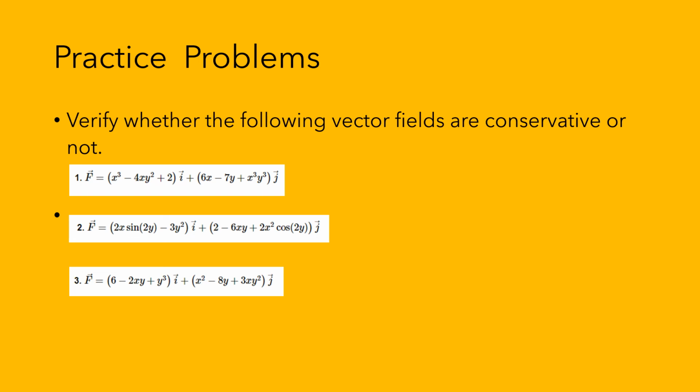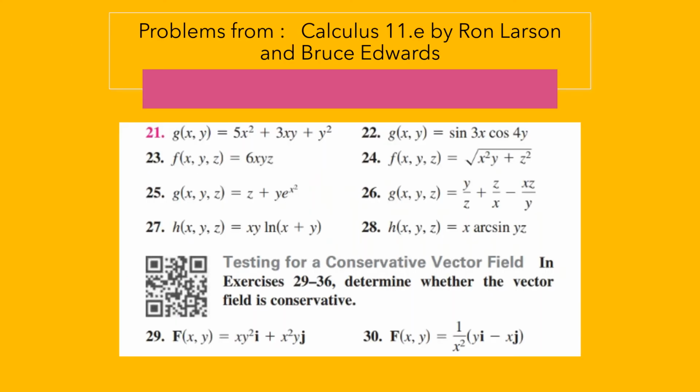You can easily verify whether the vector fields are conservative or not for these three questions. And also you can easily check whether 21 to 28 are conservative or not.